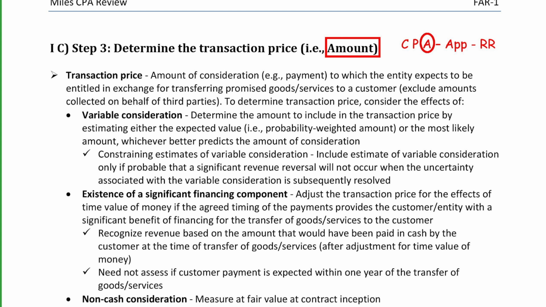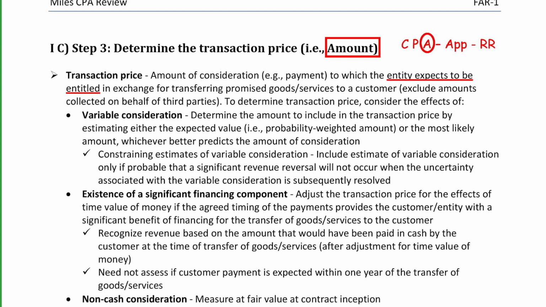That's the A of our CPA app for revenue recognition. So we're talking about the amount of consideration which the entity expects to be entitled to in exchange for transferring the promised goods or services to the customer.